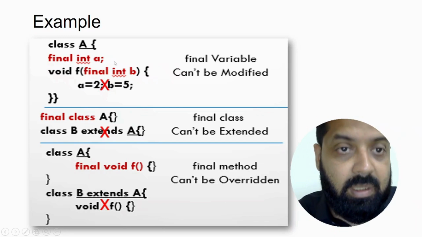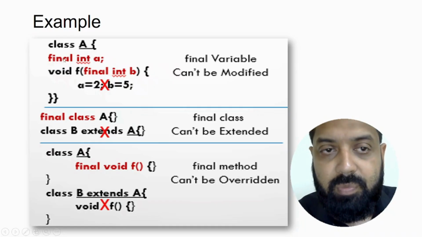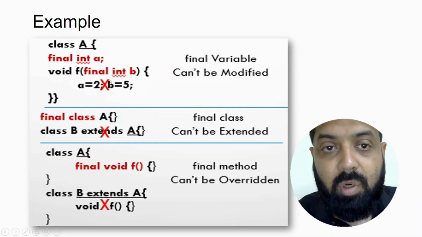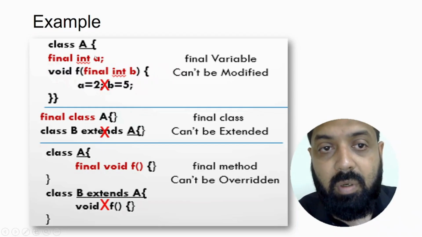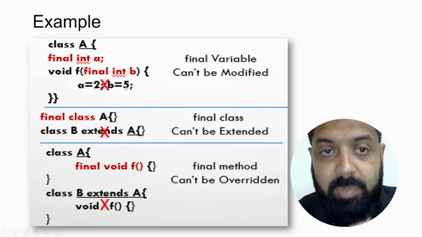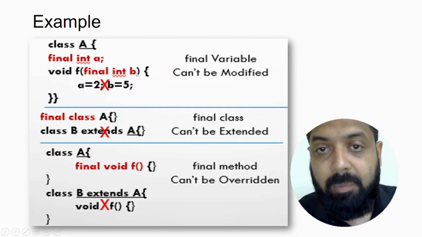In case number one, I have used the final keyword with integer a. If you use the final keyword with normal variables and then in the code you want to change the value of a, for example in the void f function, I assign a equals 2 and b equals 5, and I have already used the final keyword with my variable a.